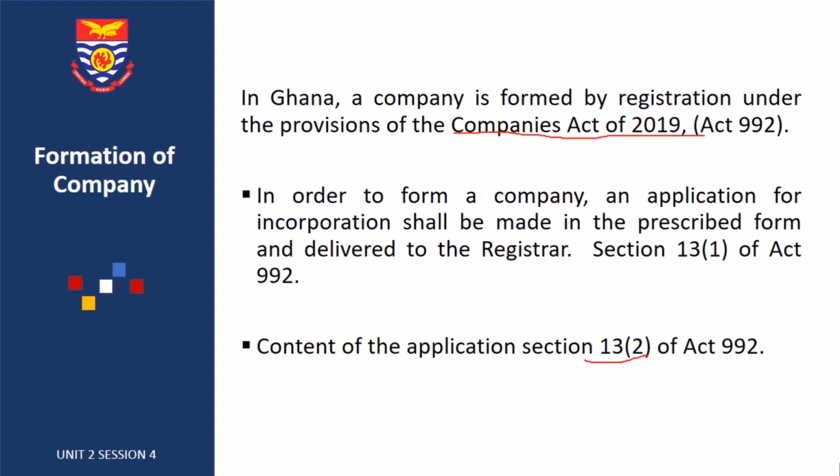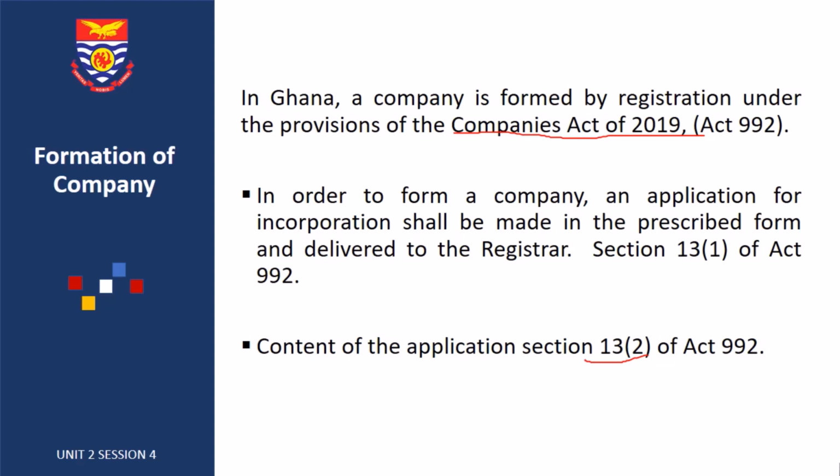Some of the elements contained in the application are the name of the proposed company, the nature of the proposed company, the object of incorporation, the registered address of the proposed company, the email address of the proposed company, the particulars of subscribers.